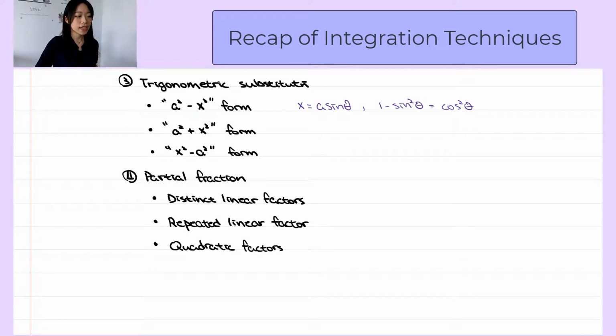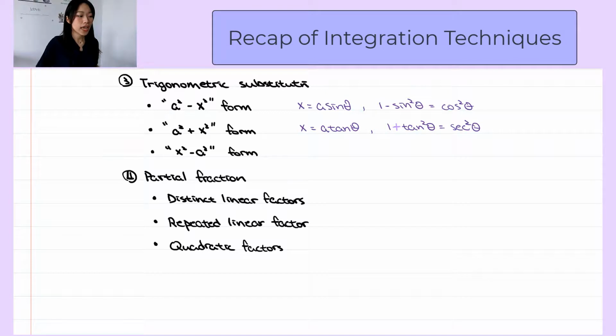The second case is when we have the a squared plus x squared form. The procedure is similar to the first case, but now we are going to let x equals a times tangent of theta, and use the identity 1 plus tangent of theta squared equals secant of theta squared.